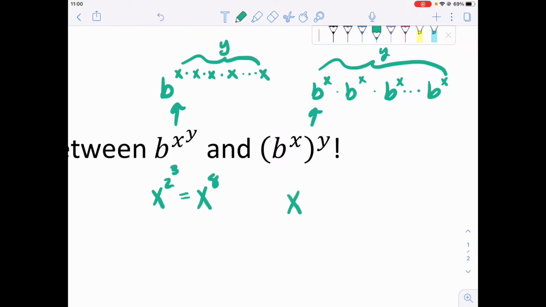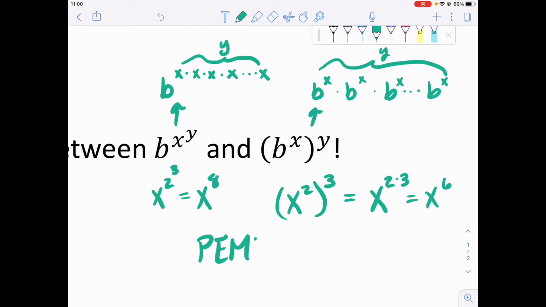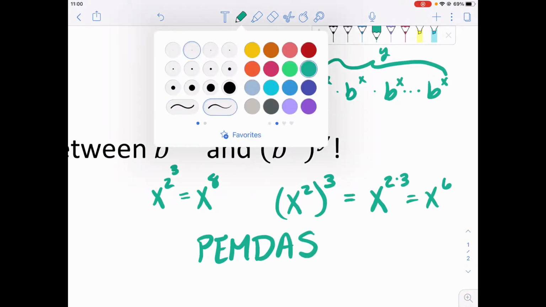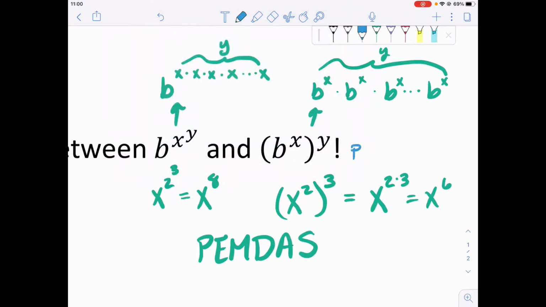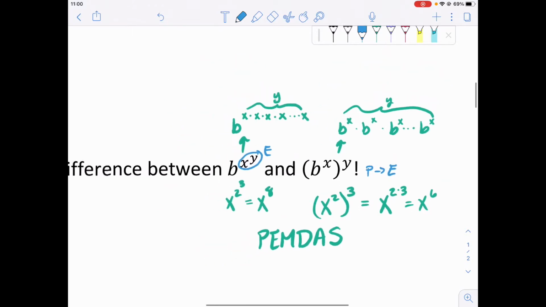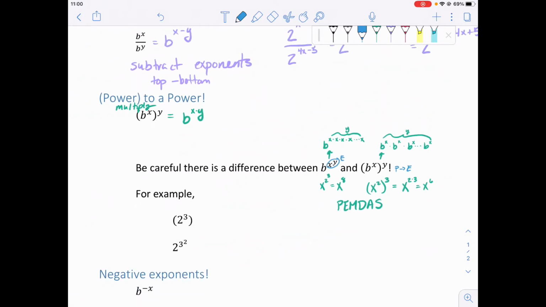And here if we have (x to the 2) cubed, that would be x to the 2 times 3, or x to the 6. So there's a little bit of difference. We have to remember, this is basically an order of operations thing, PEMDAS. Here we would do parentheses, then exponents. Here there's no parentheses, so we do this exponent first. So it's an order of operations sort of quirk.